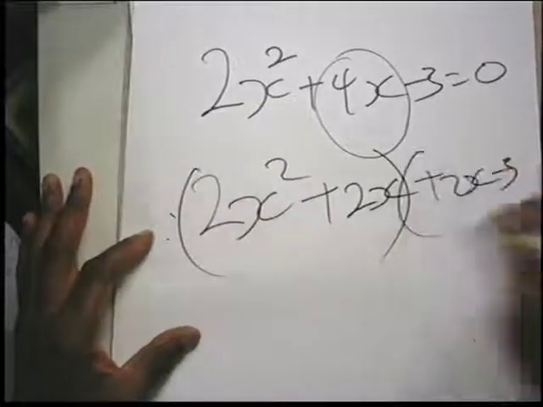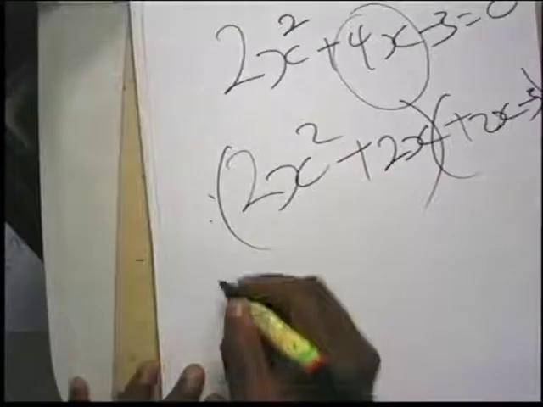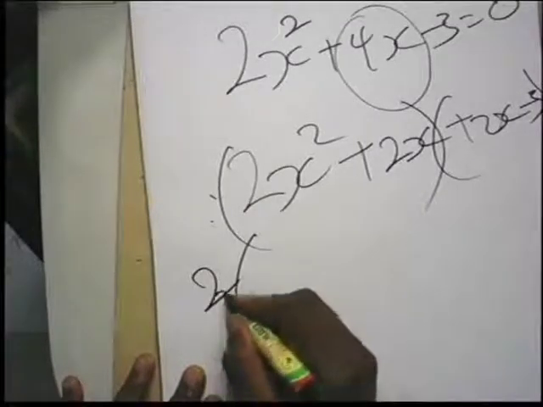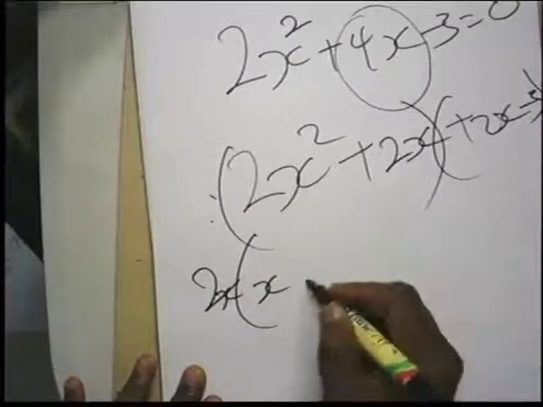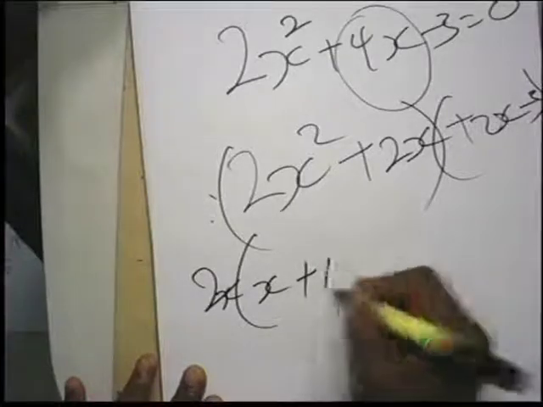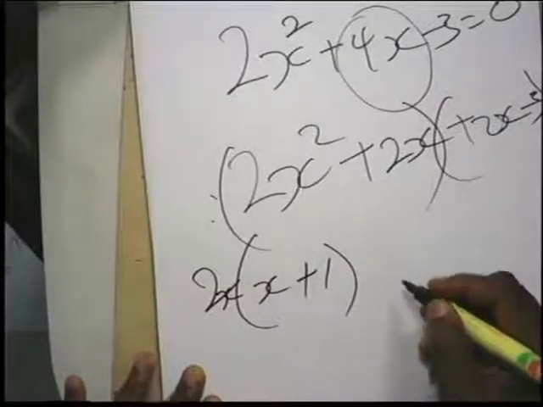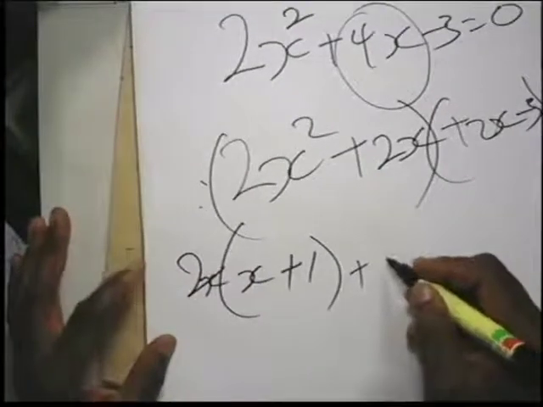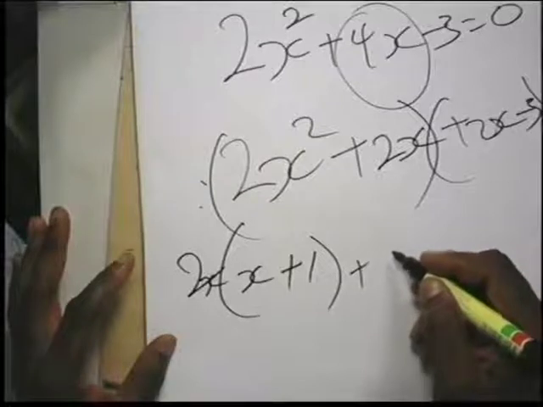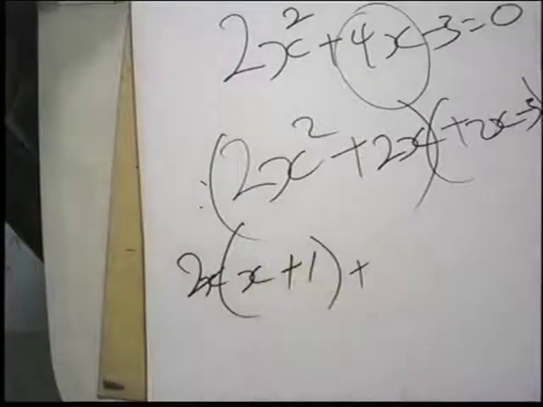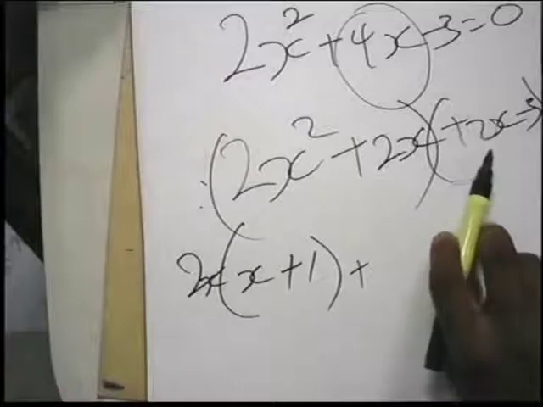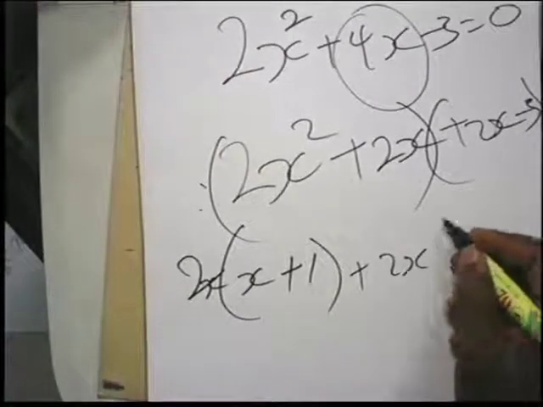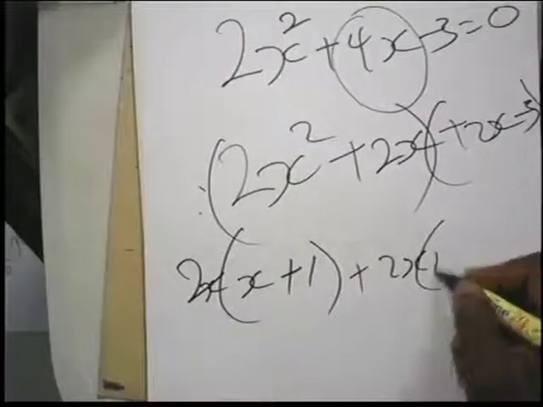Then you can easily have the bracket, which can give you 2s plus 1. Then this is 2s squared plus s plus 2s into bracket 1 minus 3.